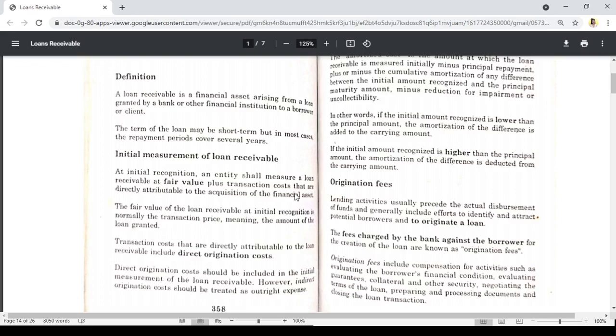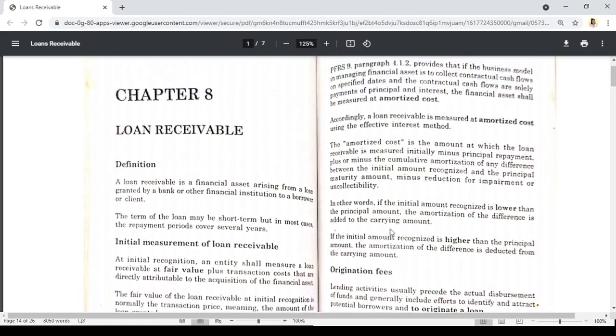That is how we are going to measure loan receivable: the amount of the transaction plus the costs that we incurred in relation to the loan receivable, which are directly attributable to it. If it is indirectly attributable, then it shall be treated as outright expense. So take note of the terms direct and indirect.